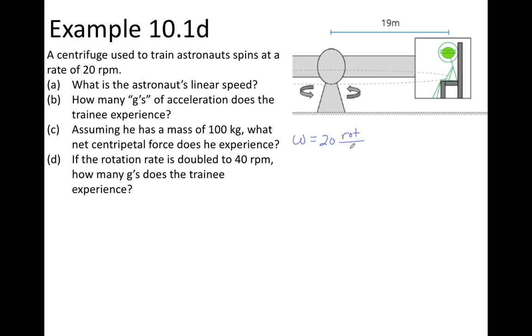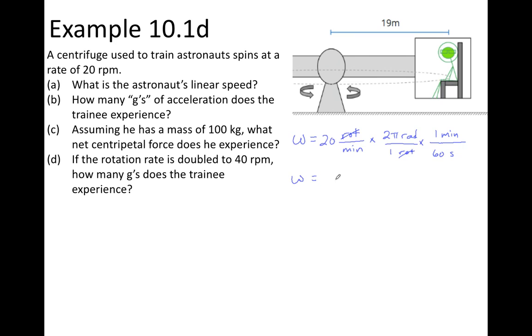We're going to have to convert that into radians per second. And so we're going to multiply by 2 pi radians per 1 rotation. That cancels rotations. And then we'll multiply it by 1 minute per 60 seconds.